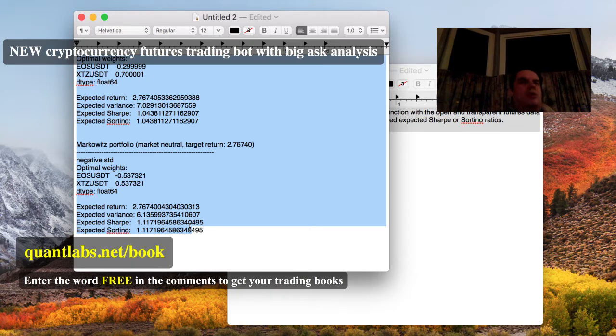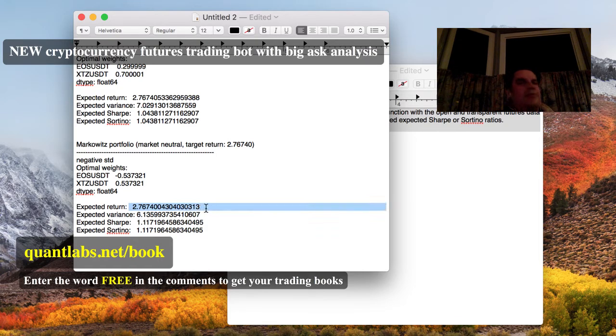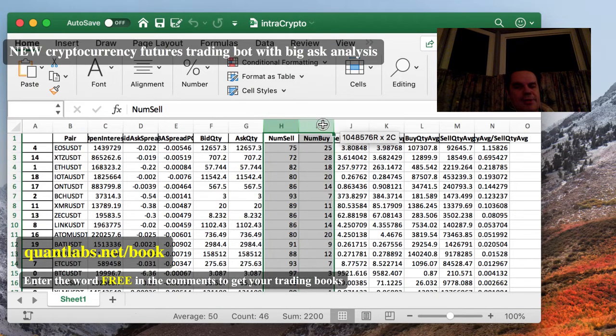We know the historical performance on particular pairs, as I showed you in this case for both EOS and XTZ. From there, if we know it's volatile and it's very negative, chances are we can then look at the expected return. If we know that the expected return is always negative, chances are we don't want to trade that. So that's one condition we don't want to trade if you have a long bias like I do. Or another way to look at it is on the number of sellers versus the number of buyers.